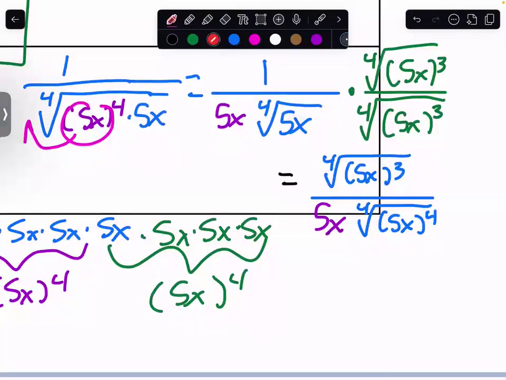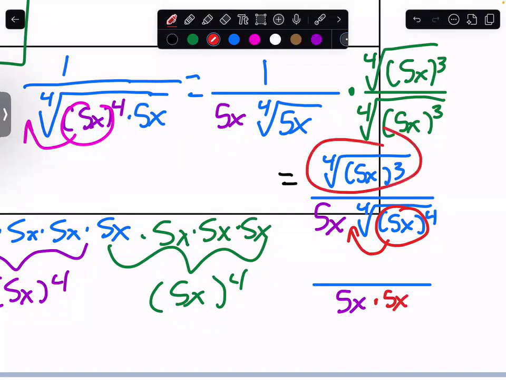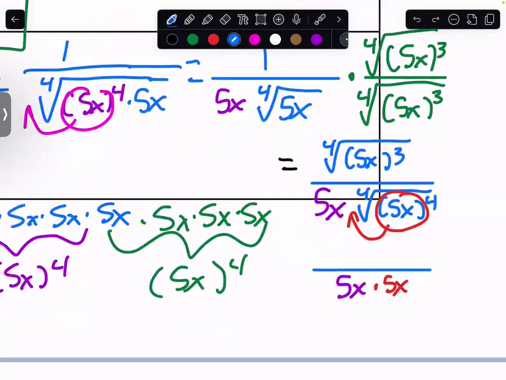Okay, so now this 5x gets to move out to join the other 5x. Okay, now in the numerator, we cannot move the 5x out because its exponent is only 3. It doesn't match the 4. Okay, so we'll go ahead and expand it out.